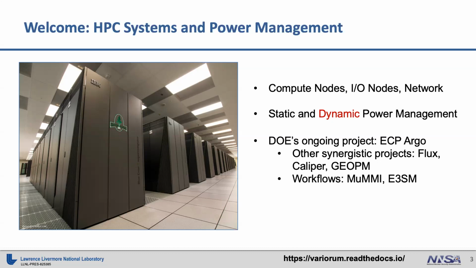The third aspect is dynamic power management, where during a job's execution or during a user's allocation, they can go in and make changes to power control knobs and energy knobs and temperature knobs and so on. That's an important aspect of power management. So just keep those 3 distinctions, idle power, static power, dynamic power, in your head as we walk through some of these examples today.